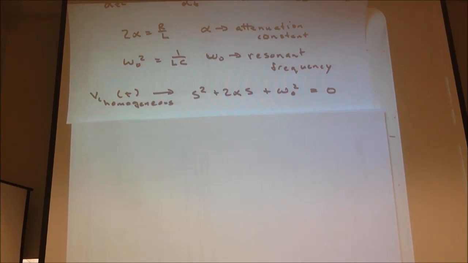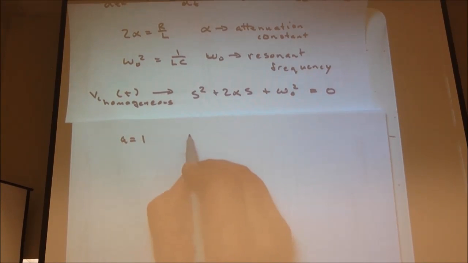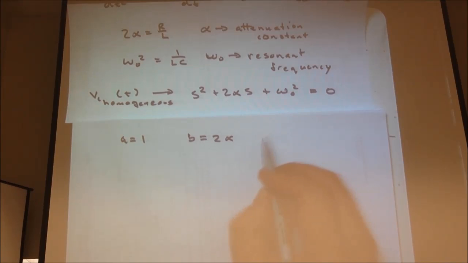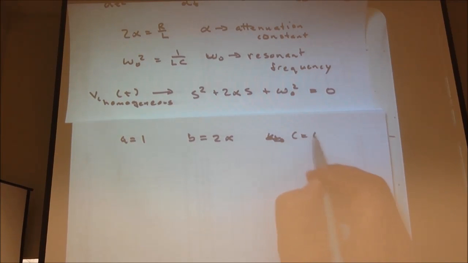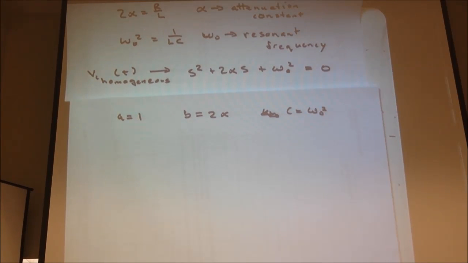This has a little bit more direct physical interpretation. So in our quadratic expression, A equals 1, B equals 2 alpha, and C equals omega naught squared. And so what are we left with?